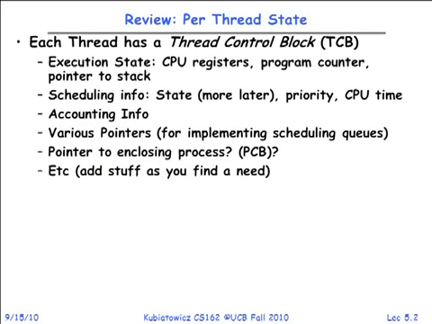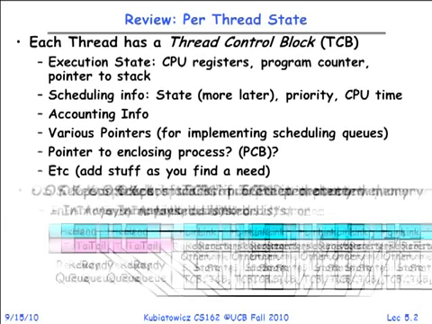Scheduling info, which we're going to spend a lot of time talking about in a few weeks. Accounting info, pointers, and so on. Maybe a pointer to the enclosing process. And this is one of the things where in your project you're probably going to end up modifying the thread control block. You'll probably put stuff in there as part of what you do.